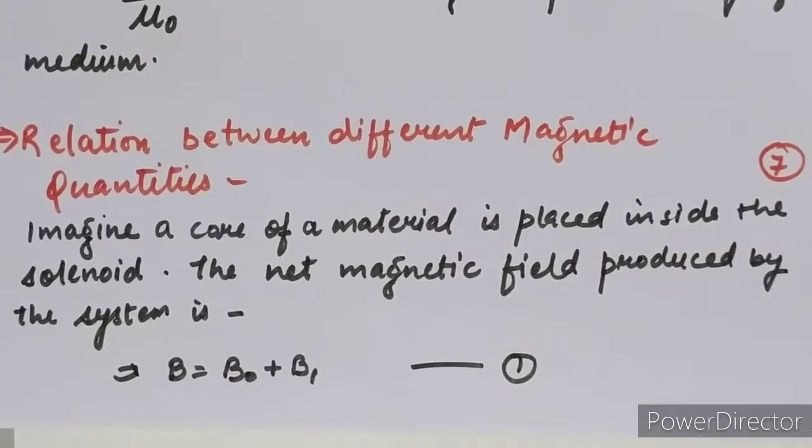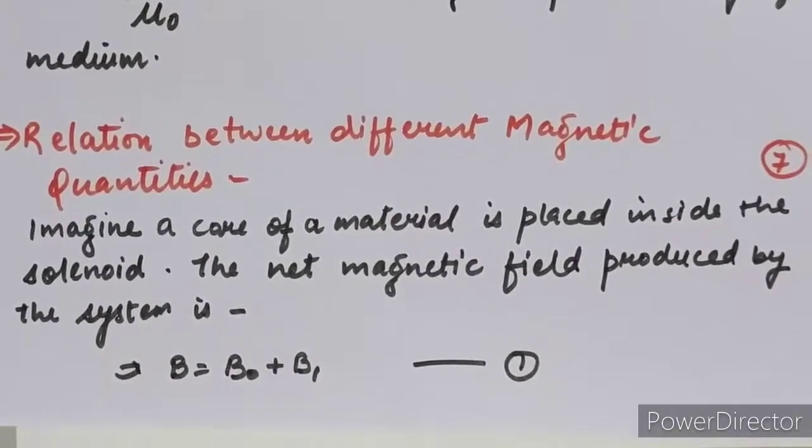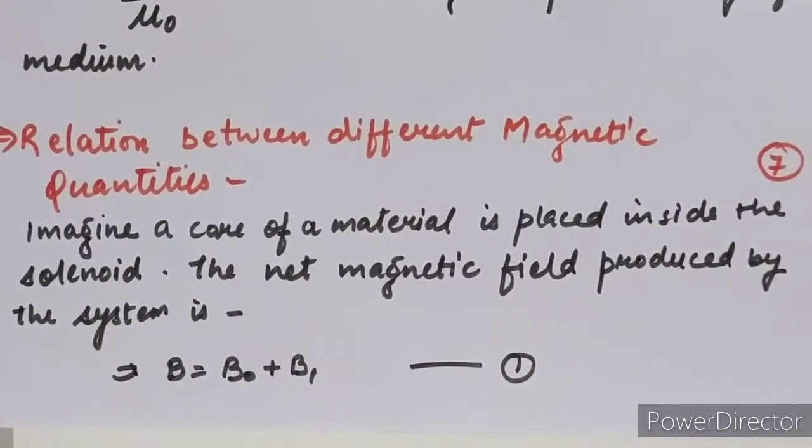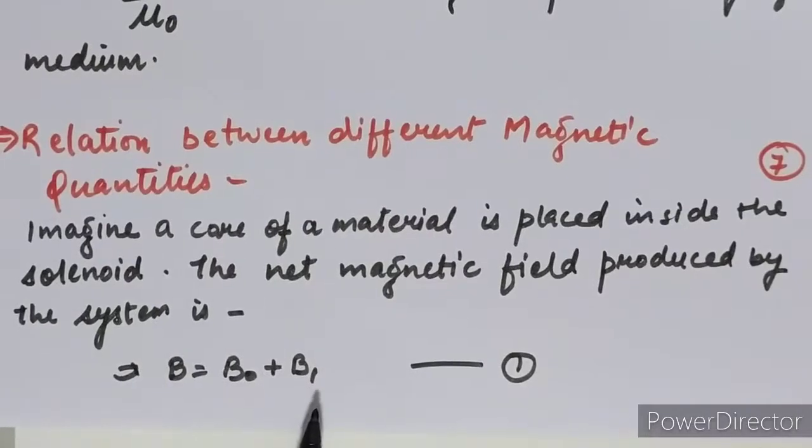B naught is the contribution of current to the magnetic field, and B1 is the contribution of the material of the core.